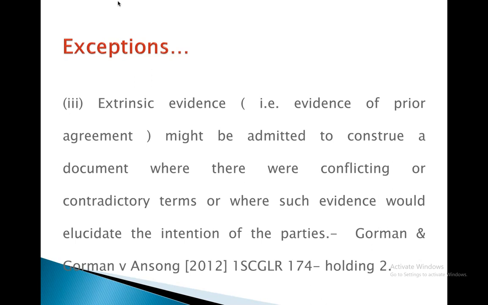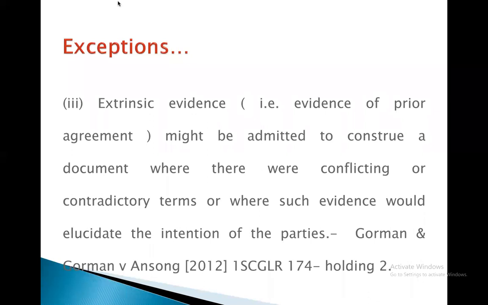In other words, even as was seen in the case of Gorman and Gorman against Anson, should you have a written, documented contract which contains contradictory terms?